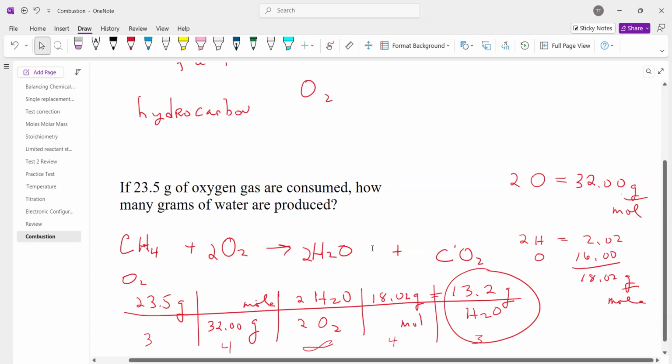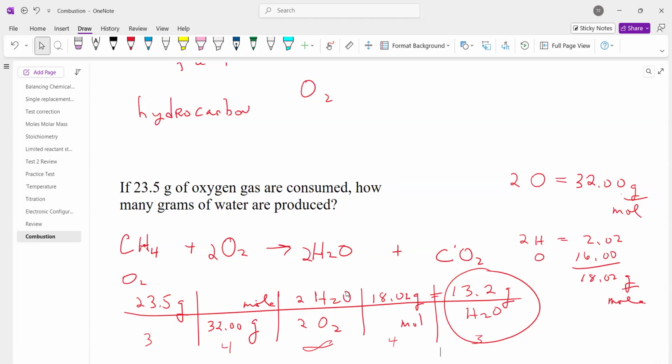Okay, so let's try one. Are there any questions about this? Notice it's exactly the same as we just did. 3 steps.